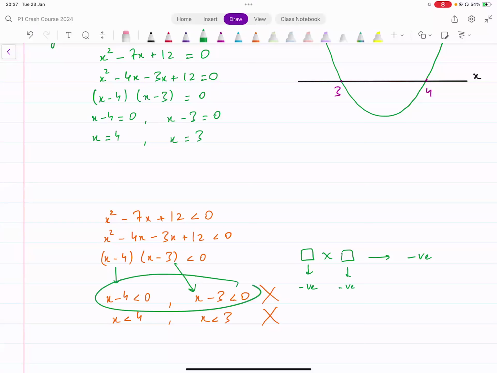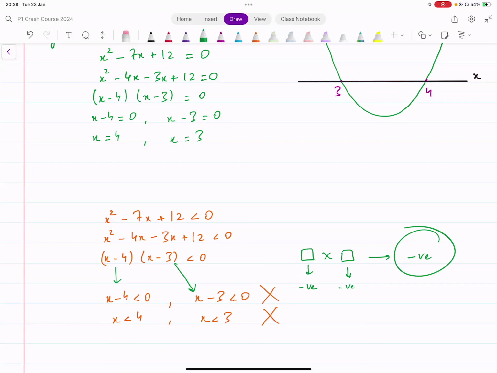What we've done here is we are basically saying then the first one should be negative or the second one should be negative. Is that going to give you a negative answer? It's not going to give you a negative answer, because what if both of them were negative at the same time? If the first was also negative and the second was also negative, the product would actually become positive, and that does not satisfy the inequality.